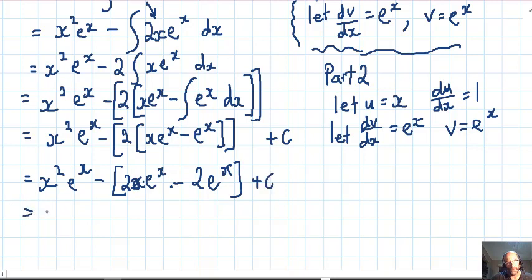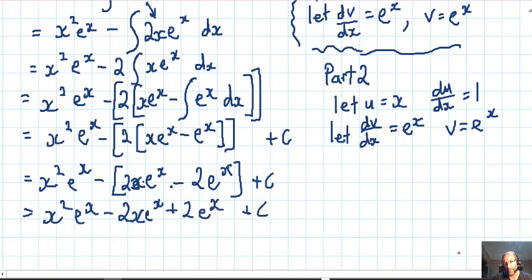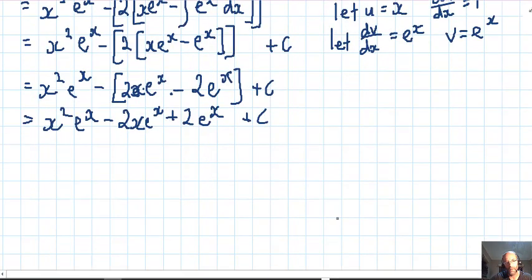We've got x squared e to the x. Now be careful: minusing that first term will be a negative and the second term will be a positive. So we've got minus 2x e to the x, and it's plus 2 e to the x plus c. And we can take a factor of e to the x outside of that.